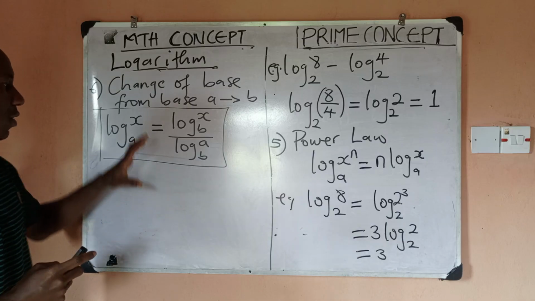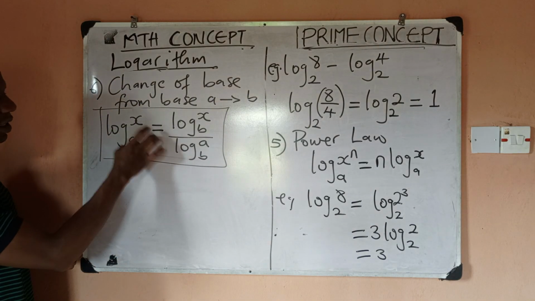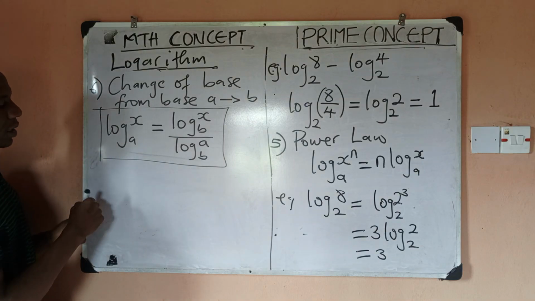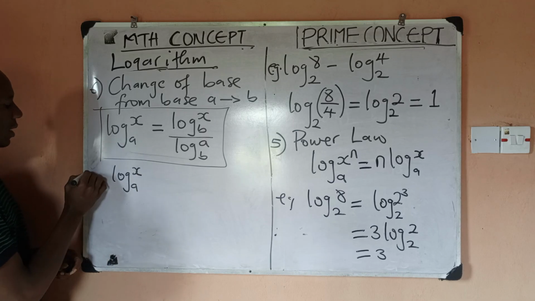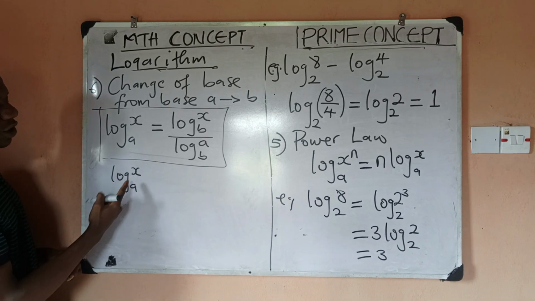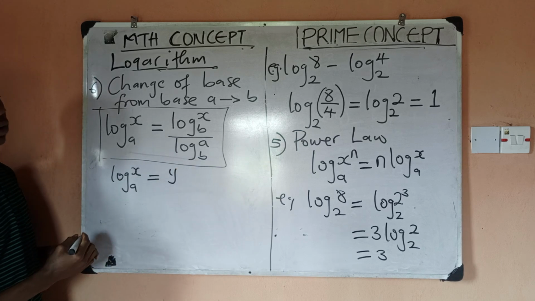So it will be necessary for me to prove this. So I'm going to prove this very quickly now. Say we want to show that this is true. Now I have log x to base A, right? I want to change this. So let me just equate this to some random variable y.